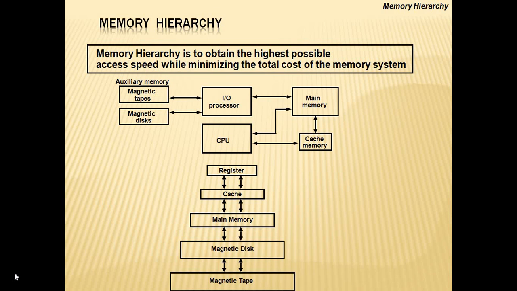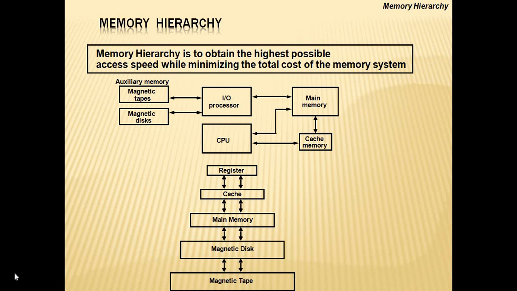Main memory occupies a central position by being able to communicate directly with the CPU and with auxiliary memory devices through an input-output processor. When programs not residing in main memory are needed by the CPU, they are brought in from auxiliary memory.